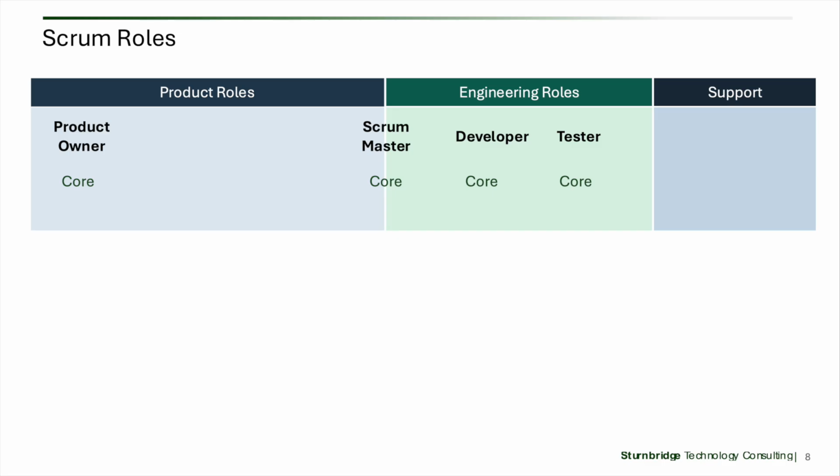Let's first focus on the core roles that usually make up a Scrum team. The 4 core roles that make up a Scrum team are the product owner, who's responsible for the software product and the value it brings back to the business, a Scrum Master who ensures that the team is effective and able to meet their commitments, and lastly, the engineering team, which for this example, I broke into developers and testers.